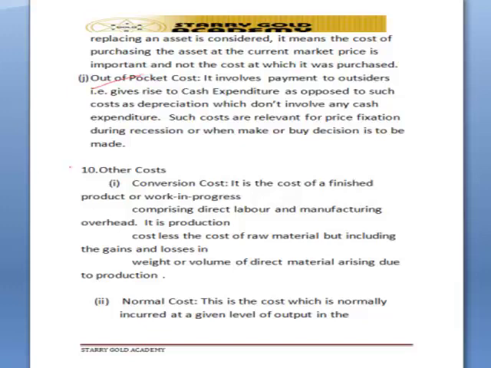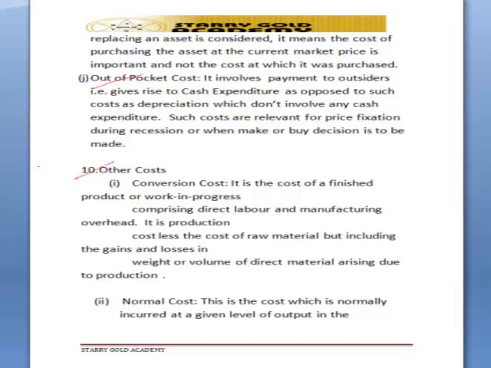Lastly, we'll look at other costs. We have what we call conversion cost. Conversion cost is the cost of a finished product or work in progress. It comprises direct labor and manufacturing overhead.